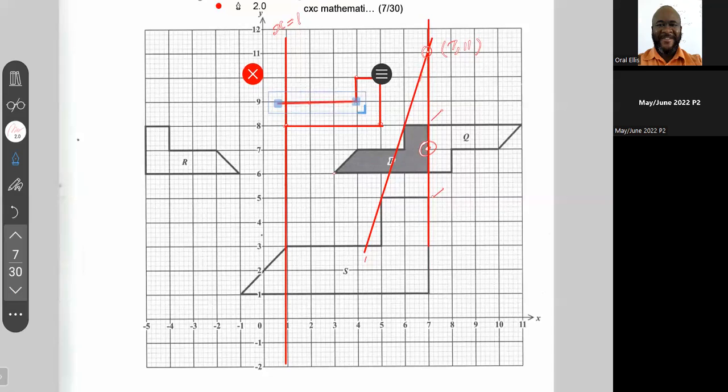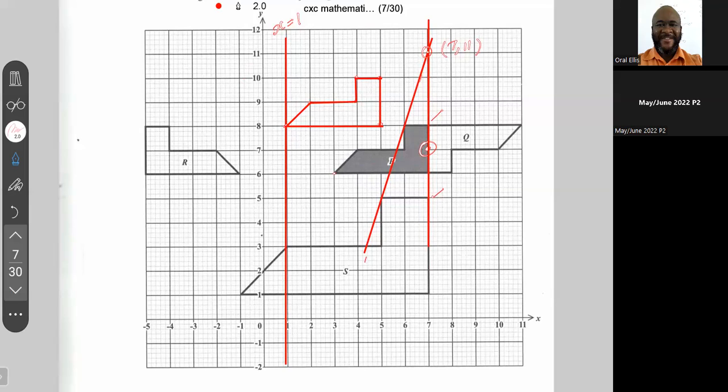Just taking our time, use your ruler to complete this shape. And remember, a translation is a congruent transformation, so the object and the image are identical shapes. So this is what you'd get if you move P 2 units to the left and 3 units vertically.